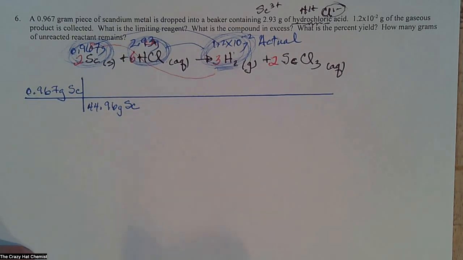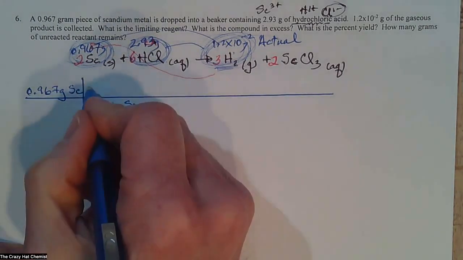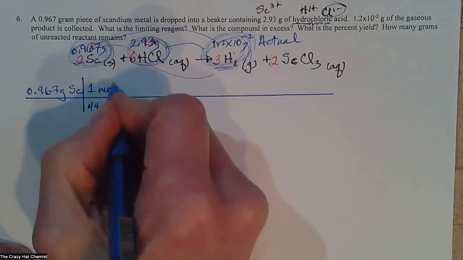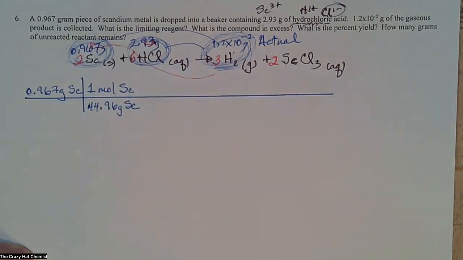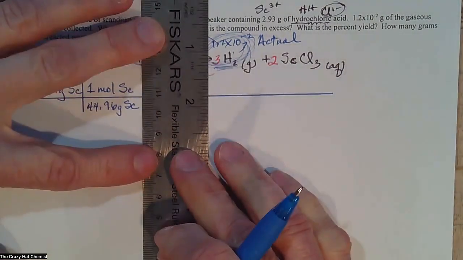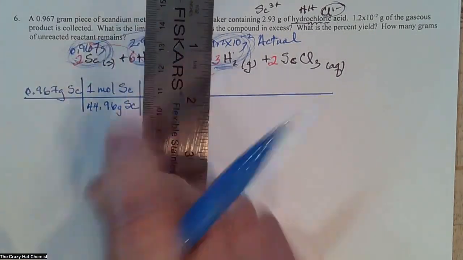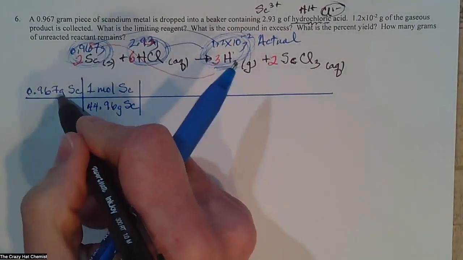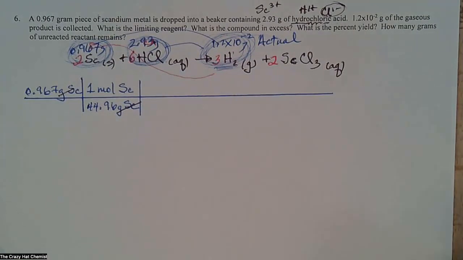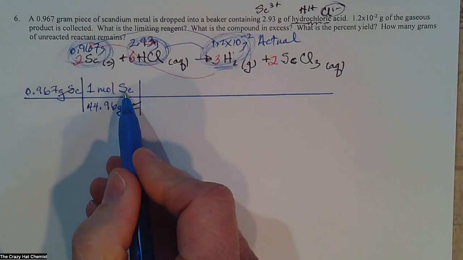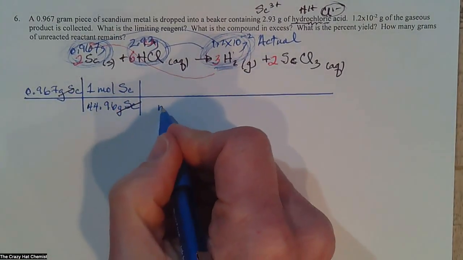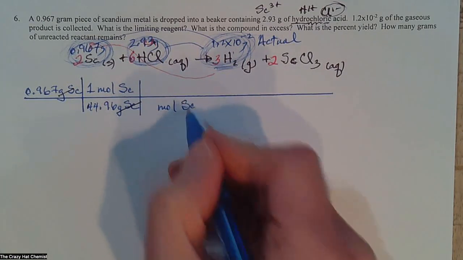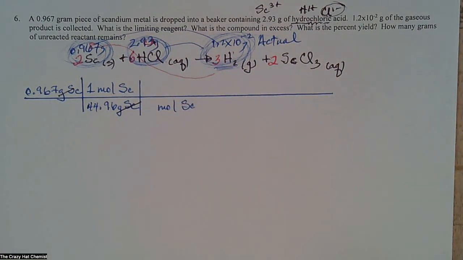And using my flow chart, hopefully you're comfortable with that now, this will equal 1 mole of scandium. Just like that. I'm going to have my vertical stop. We're going to cross out grams of scandium, grams of scandium. Since this is moles of scandium in the numerator, I'm going to have moles of scandium in the denominator of my next term. That will enable me to cancel out the moles of scandium.